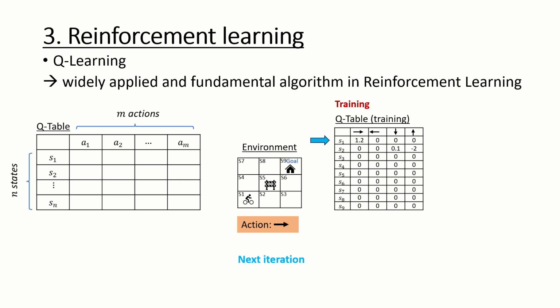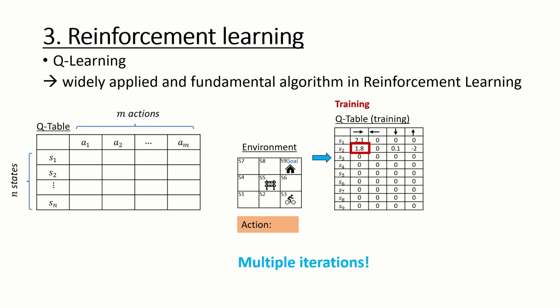Now in the next iteration, we take the action to go right in state 1 because this has the highest Q value. We get a reward, and based on that we update the action to go right in state 1. Now we're again in state 2. Here we now take the action to go right, and this is a good one, and we get a high reward, and based on that we strongly update the action to go right in state 2.